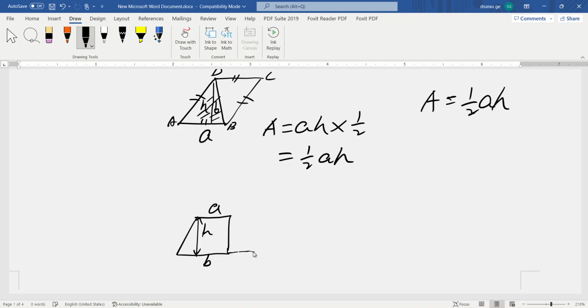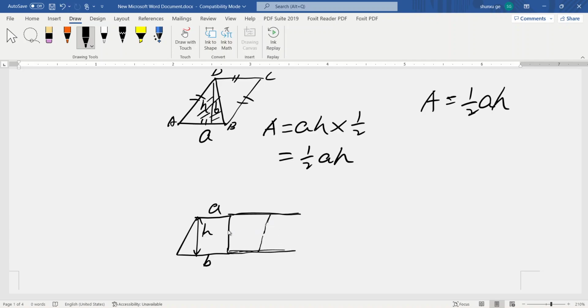So we can extend this line, extend this line from A and extend the line from B.